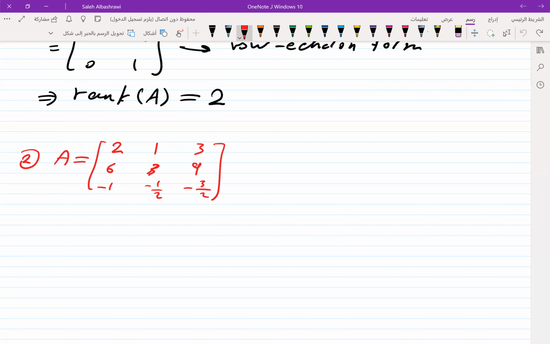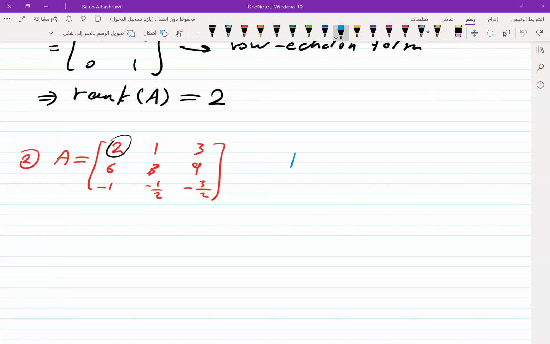So I need to keep the first one equal to 1. Try to convert it to 1. Either I will divide by 2 to make it equal to 1, or swap between the first and the third one. Let me divide by 2.